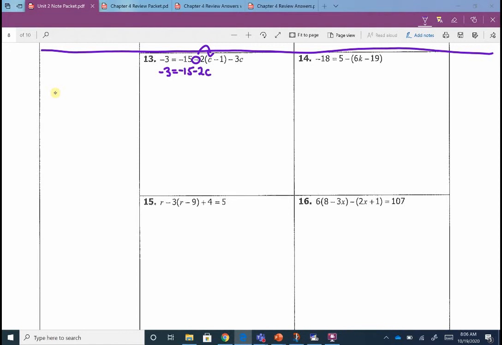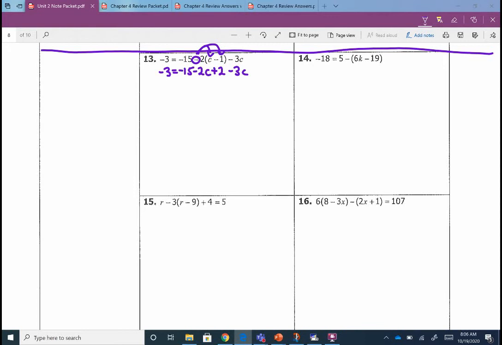But now, guys, it's a negative 2 times that negative 1, which is going to be a positive 2. And then our minus 3c is just kind of hanging out.